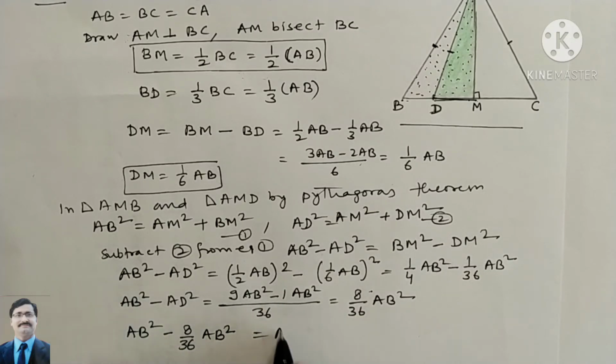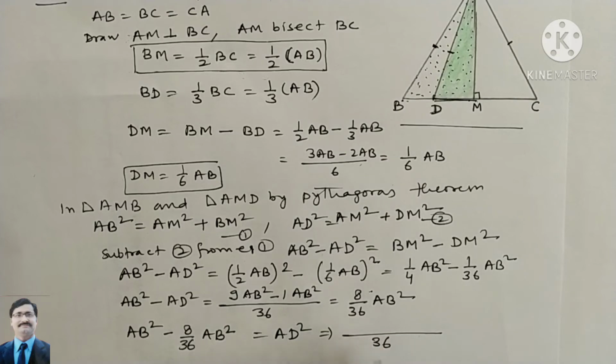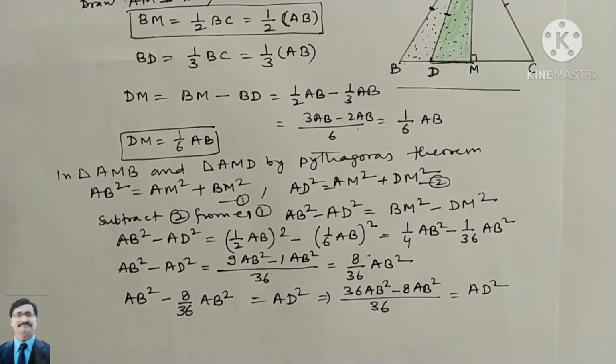Now AB square we transfer to the left hand side, so we get AB square minus 8 upon 36 AB square, and AD we transfer to the right hand side, we get AD square, and again we take LCM. LCM is 36, so 36 AB square minus 8 AB square is equal to AD square. So we get 28 AB square upon 36 equal to AD square, and we can cut by 4: 4 7s are 28 and 4 9s are 36.